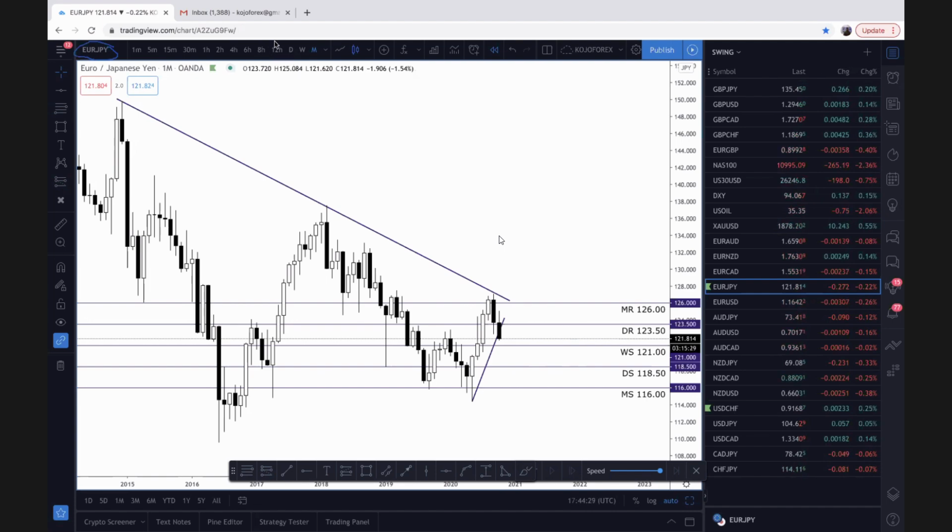Remember that what we are doing is a top-down analysis from the higher time frame to the lower time frame, right? All these things that we've done here, eventually we're not even going to be taking our trades on the monthly or on the weekly, but we're just using them as a basis to find a broader or cleaner way in which the market is going to be traveling between our ranges.